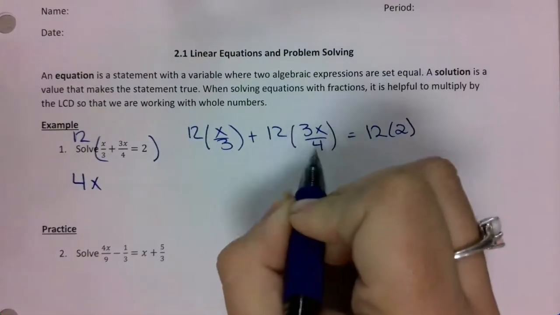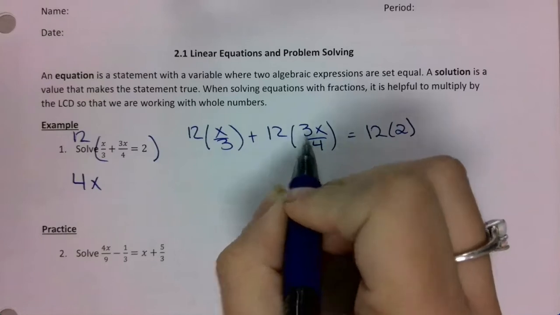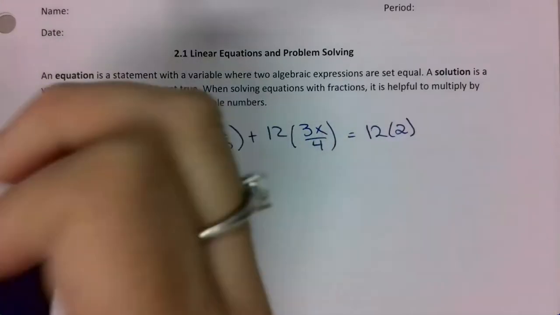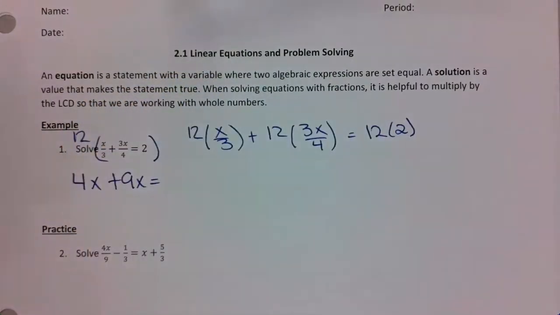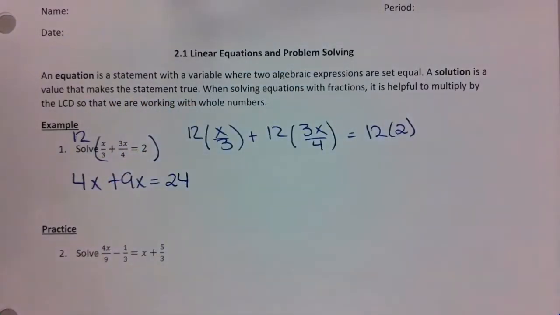So what's 12 divided by 4? 3, times 3x, 9x. And 12 times 2? 24. So 4x plus 9x?